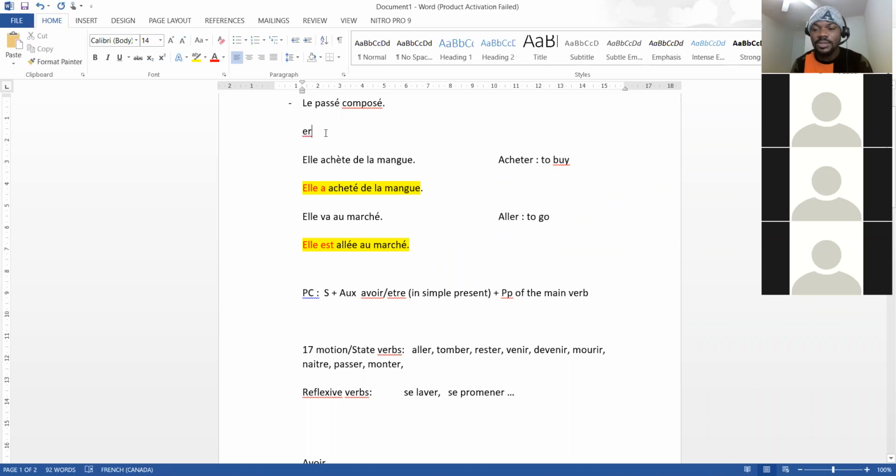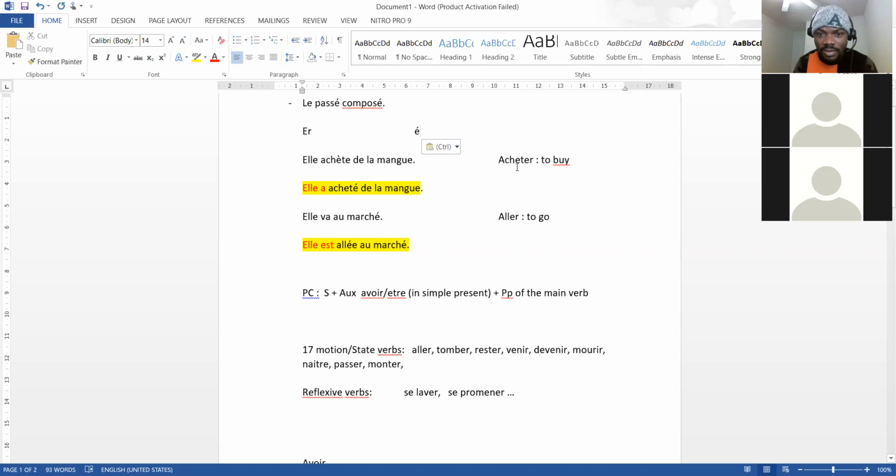to get their past participle, the er just becomes this é with accent. So the past participle of acheter is acheté. It's still pronounced the same, but it has the accent aigu, acheté. So the same thing with aller.